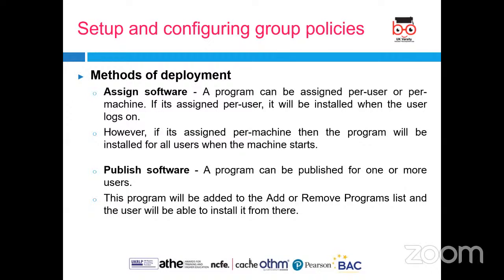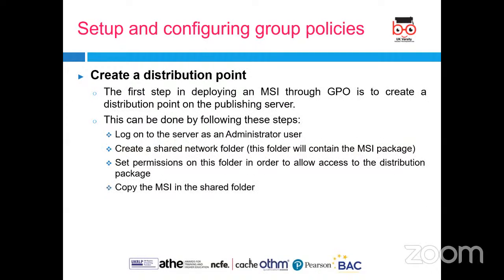When it comes to assigning, it means that a program can be assigned per user or per machine. Therefore, this assigned per-user program will be installed when the user logs on. While with the published software, the program can be published for one or more users, so it has the ability to connect to multiple endpoints.